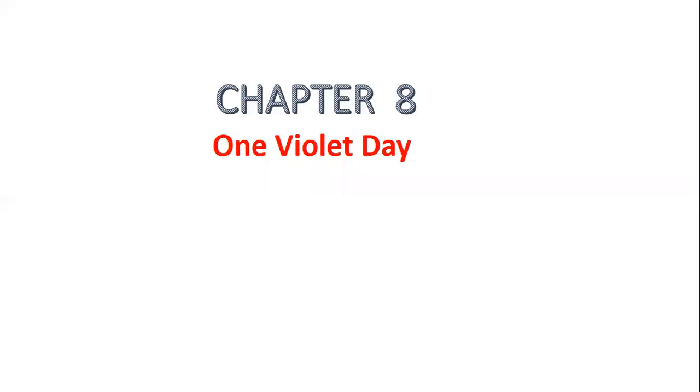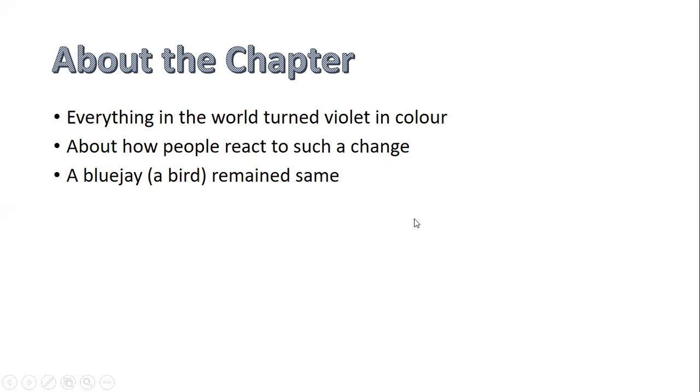Violet is a color which is between blue and purple, right? So everything from animals to plants to human beings turns violet. And the chapter is about how people react to such a change.